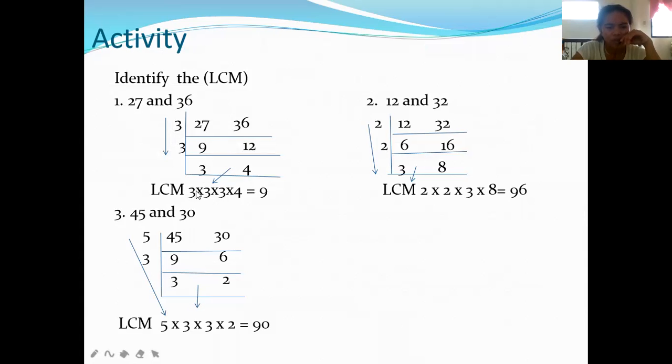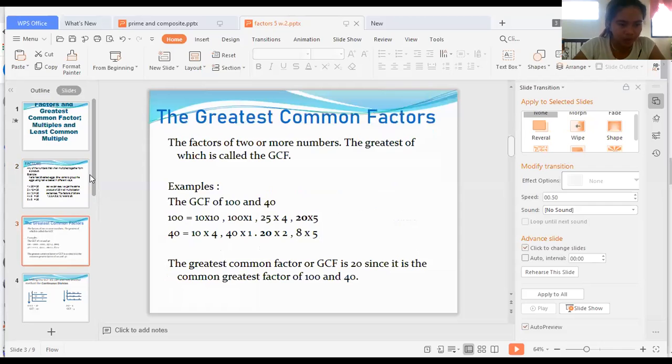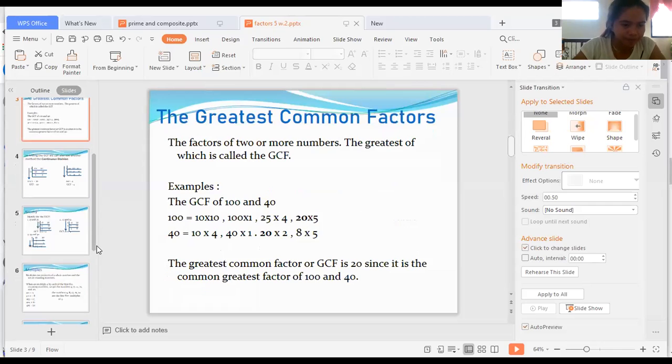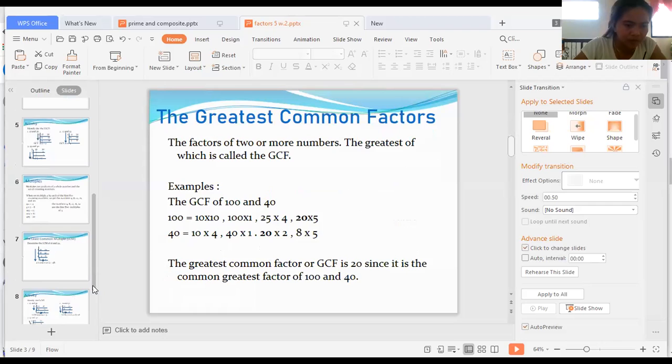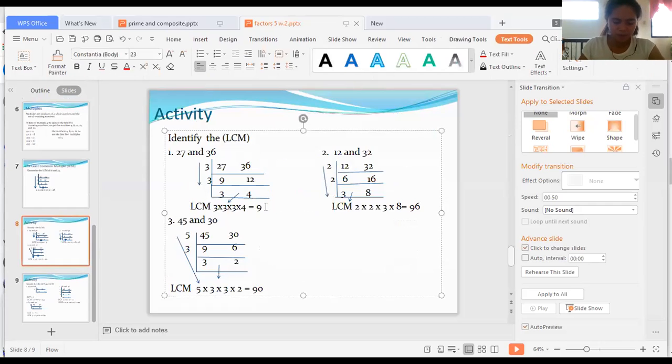So 3 times 3 is 9. Wait, I made a mistake here. So what is 3 times 3? That is 9, right?